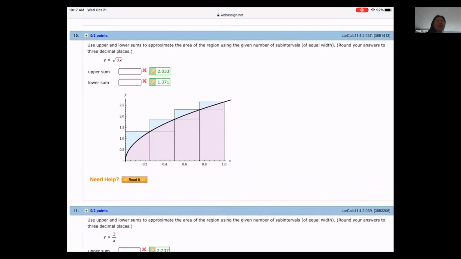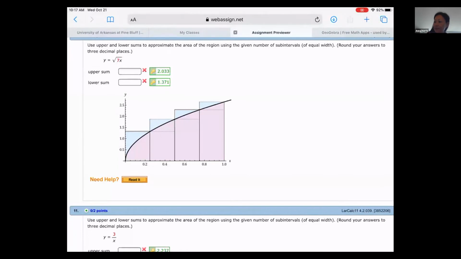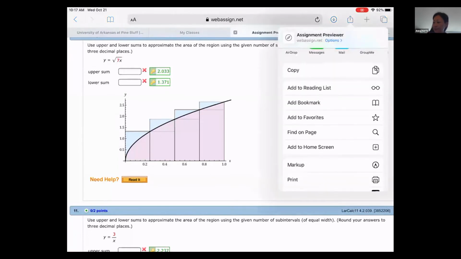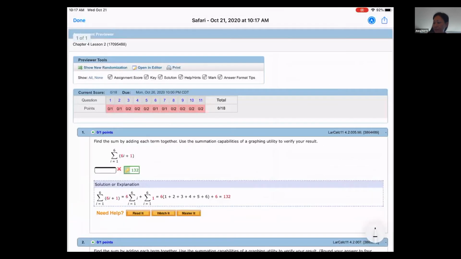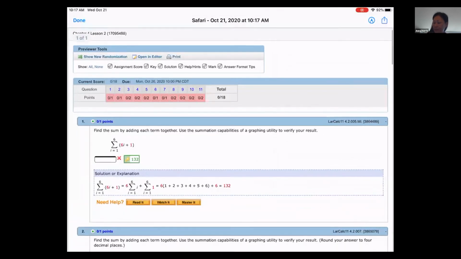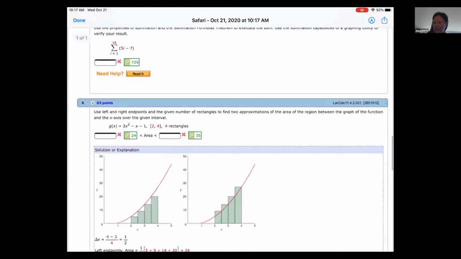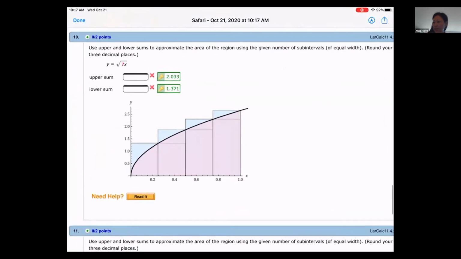From looking at this picture, what you need to figure out is what we're going to put into Julia. We're going to say f of x is equal to the square root of 7 times x.